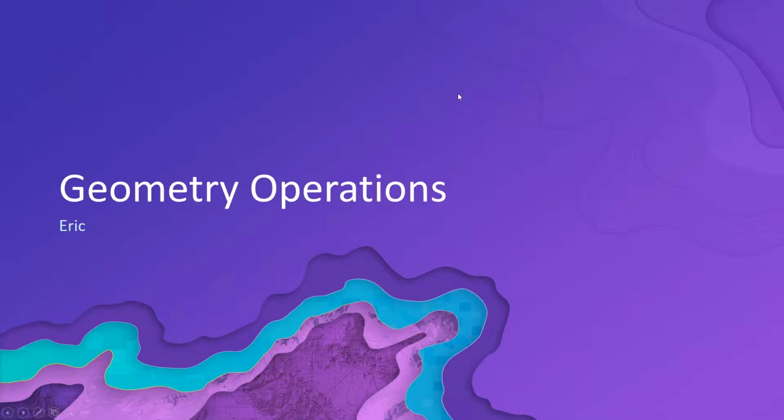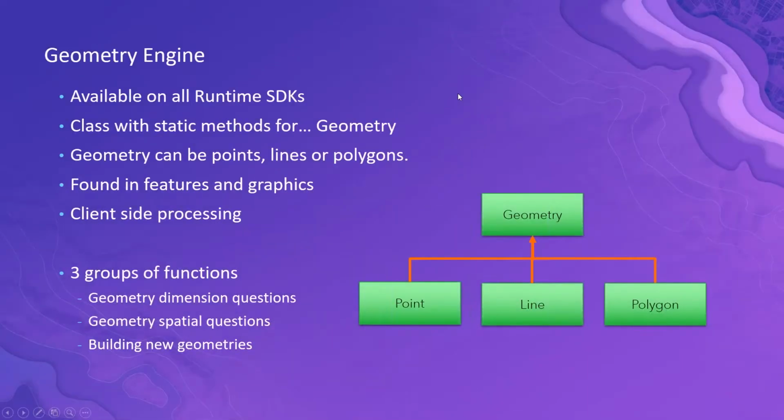The geometry engine class is quite powerful. So what is the geometry engine? This is a static class within all of the runtime APIs that contains a myriad of geometric operations and geometric query functions.